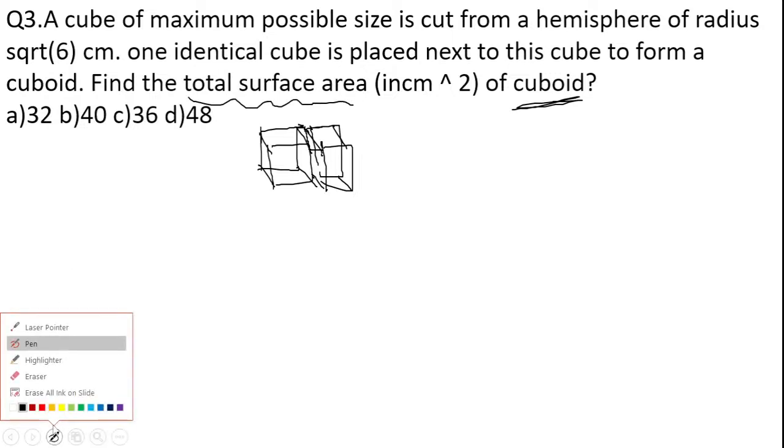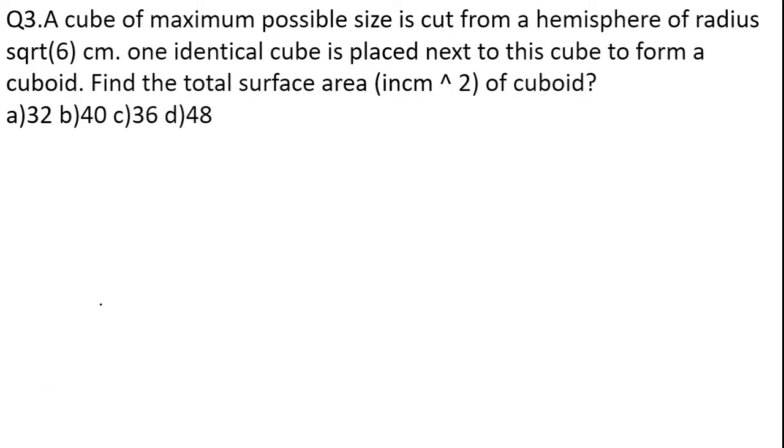Okay, so to understand this, first one thing, as I have told you, when a cube is inserted inside a hemisphere of a given radius, I'll just draw it once again.